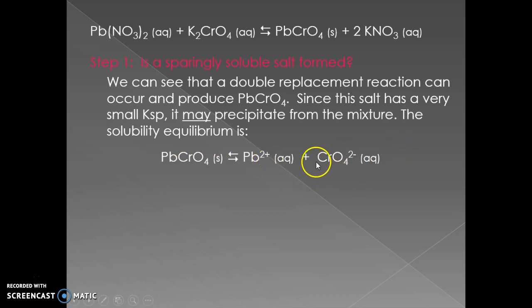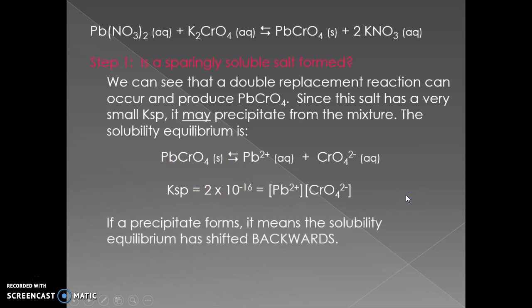Okay. The ion concentrations that we have to work with are those that we started with from the lead nitrate solution and the potassium chromate solution. And we also know by looking it up that the KSP for lead chromate is 2 × 10⁻¹⁶. So if a precipitate forms, that means we have enough ions here to drive the reaction back to the left to create solid.